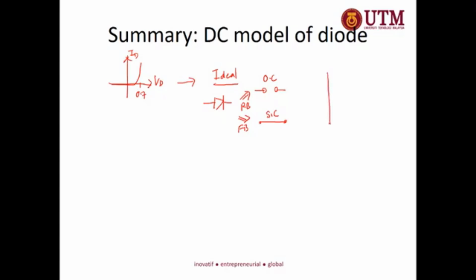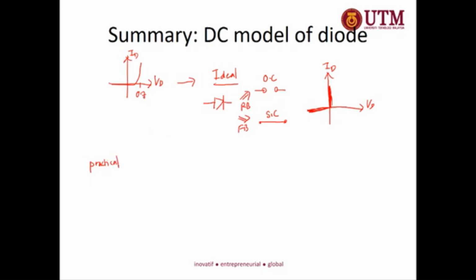The IV characteristic will be something like this. The current is 0 at negative voltage, but here we have a sudden increase of current at VD equal to 0. So this is ideal.